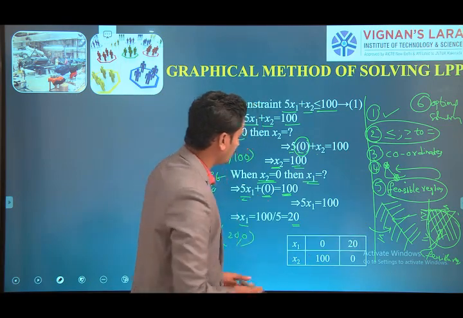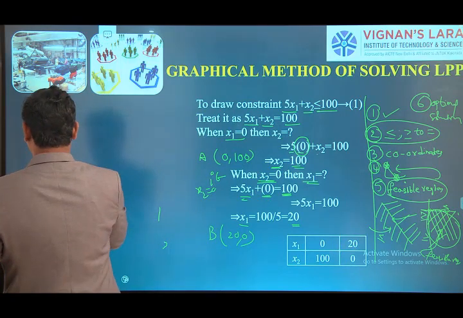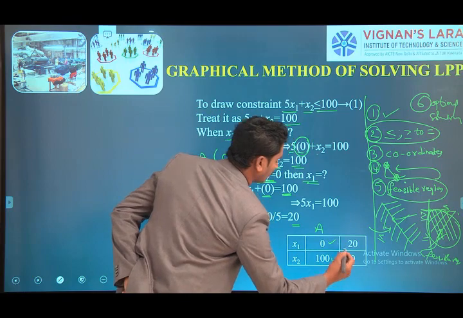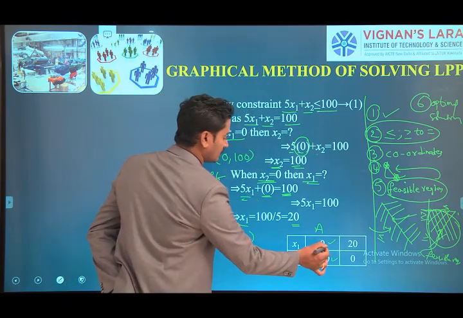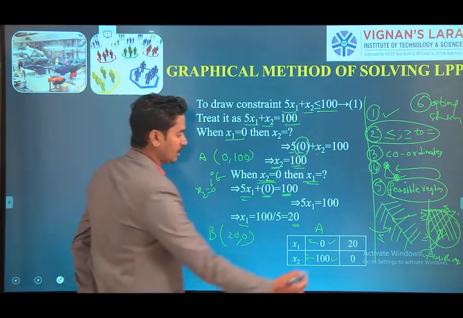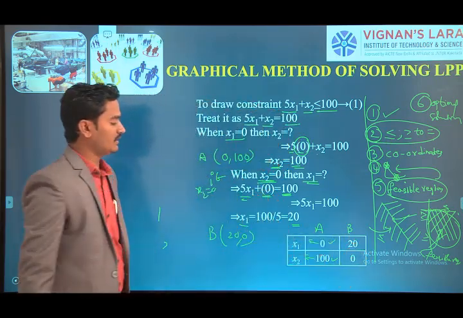Sorry. Here the coordinate A is 0, 100. What is the 0? x1 value, and 100 is the x2 value. Here 20, 0 is the B coordinate. x1 is 20, x2 is 0.